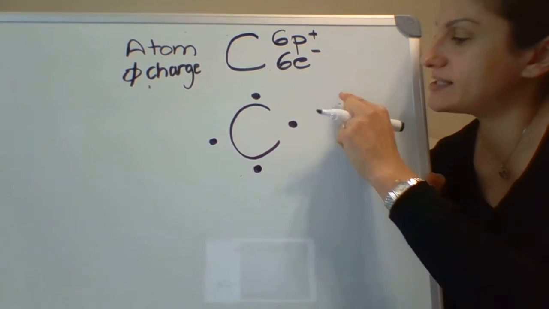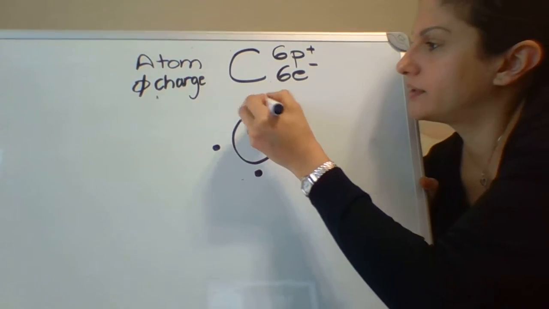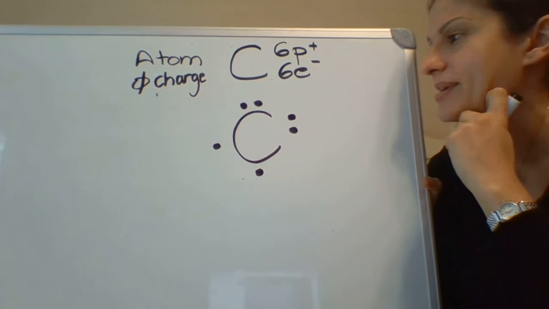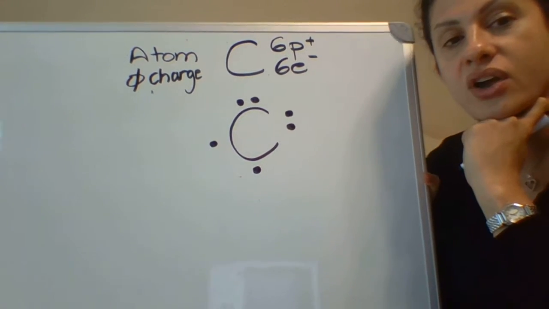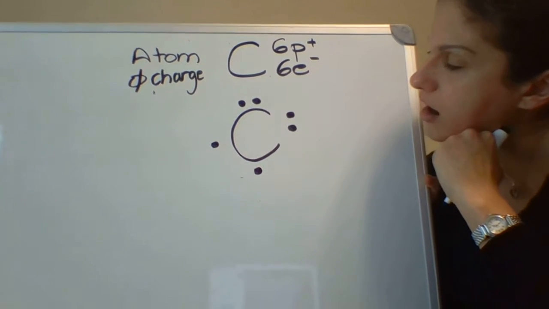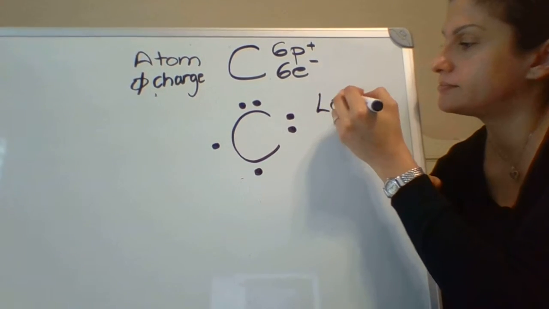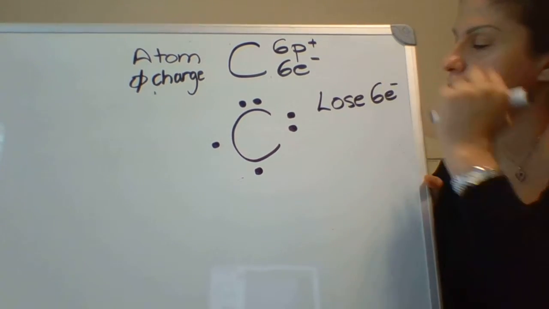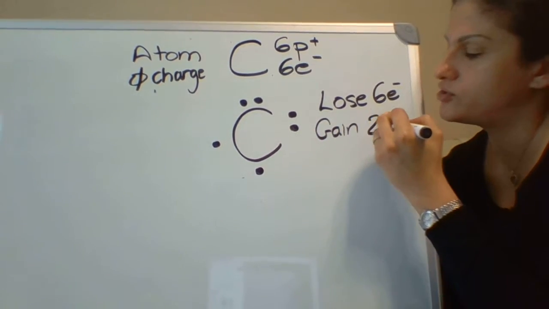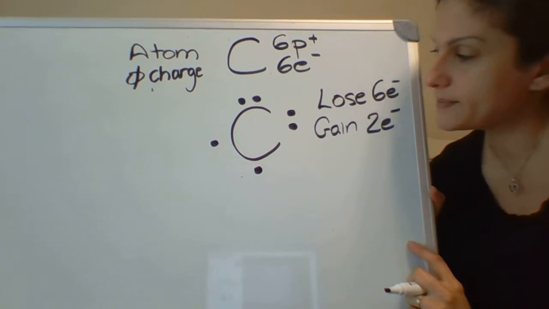So in this case, carbon, 6, sorry. See, even I can make a mistake. 6 electrons, that makes a lot more sense. So carbon now has a choice just like lithium did. Carbon can either lose all its 6 electrons or gain 2 electrons in order to achieve a full valence shell.